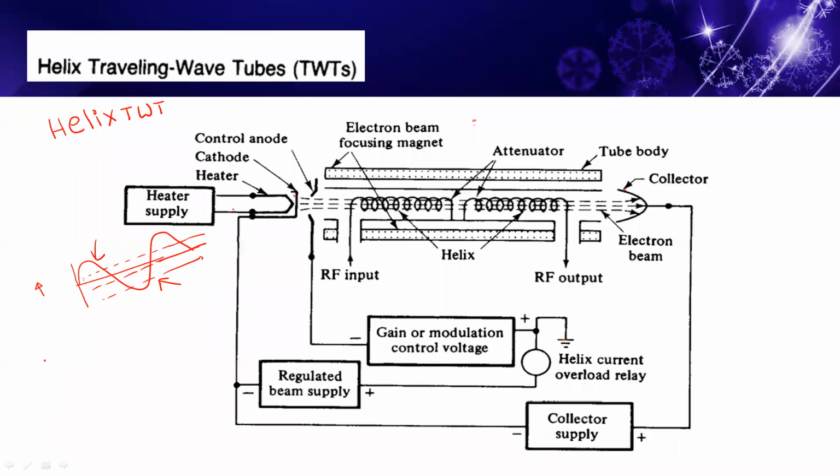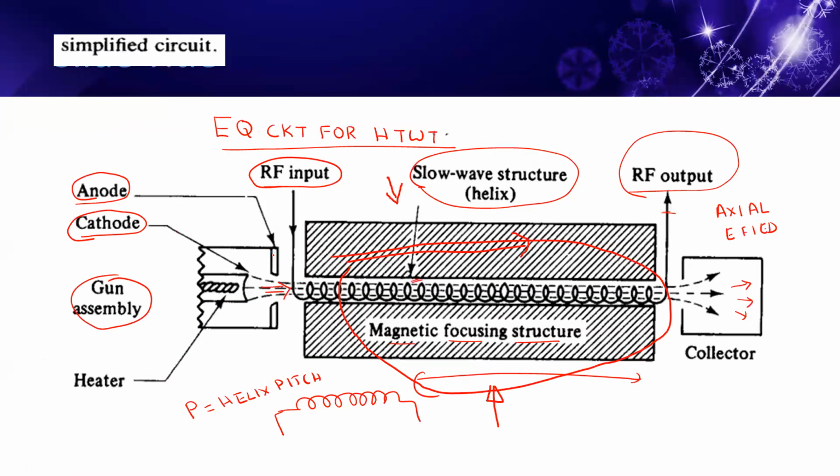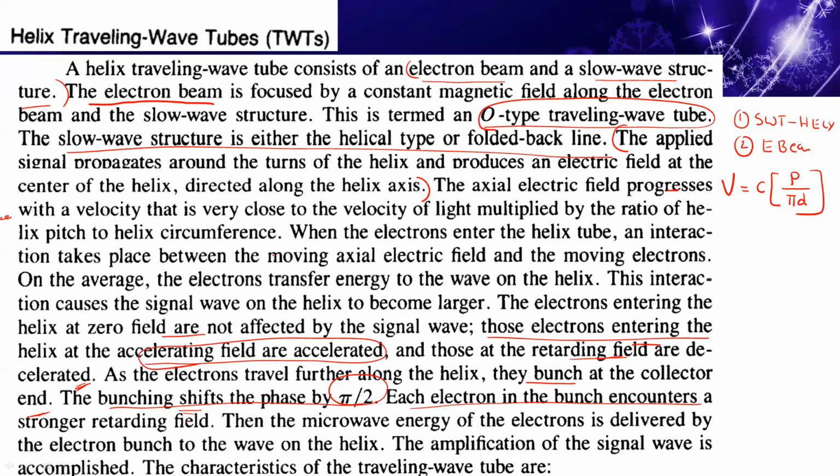Also, the electron beam associated with this field is simply at the zero field, where there is no field. When the electrical field is zero, there is no net electrical field observed for the particular velocity of the signal. That's why I note here that if the electrons enter at zero field, they are not affected by the signal wave.